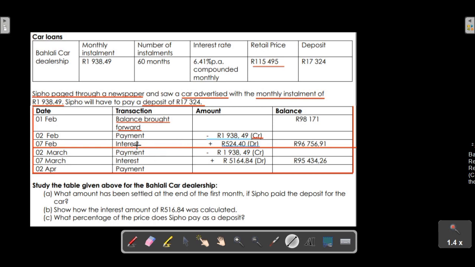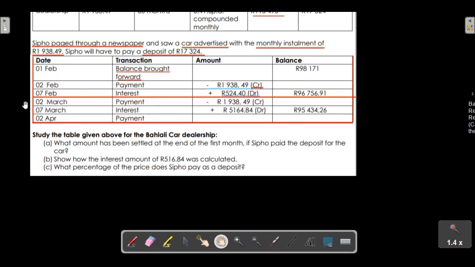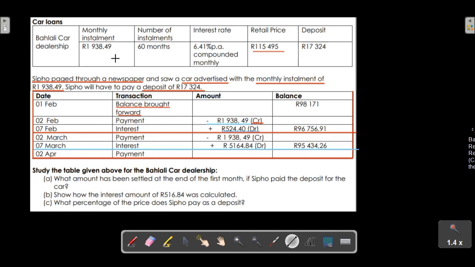Remember, he had to pay interest, guys, and we will calculate that. I'm just trying to look at the transaction summary here and analyze it before it becomes quite confusing, because I know it can be. Then in the following month, March, he again paid his monthly installment into this account, and he was charged interest.